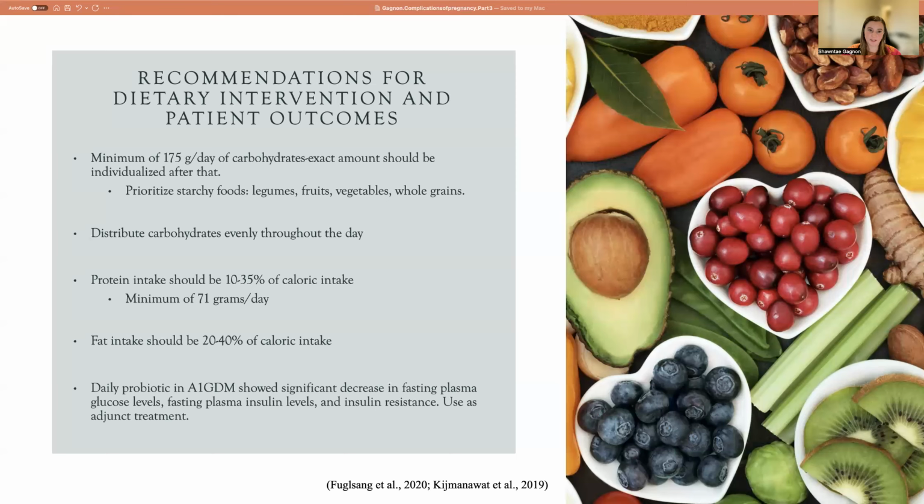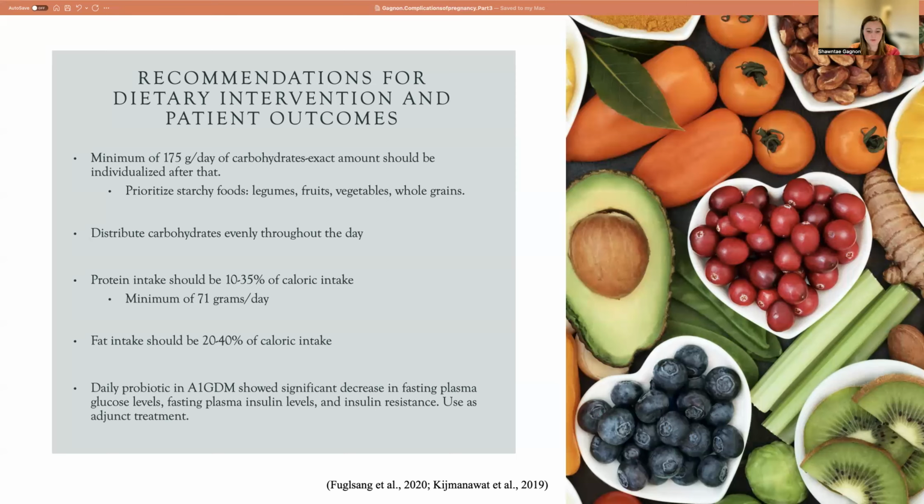And if patients want to divide that further into like six meals a day, they could do that, just distributing evenly throughout the day to help keep blood glucose levels more stable. And then we can teach patients how to read food labels and understand how many grams of each macronutrient are in each serving if they're not sure how to do that.